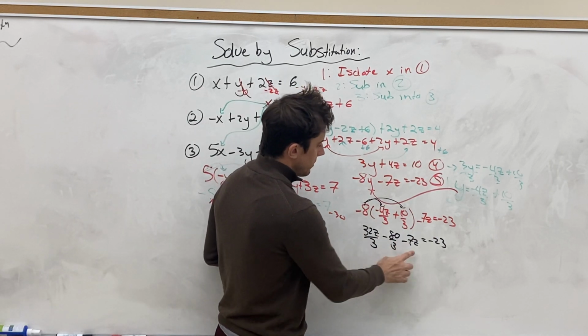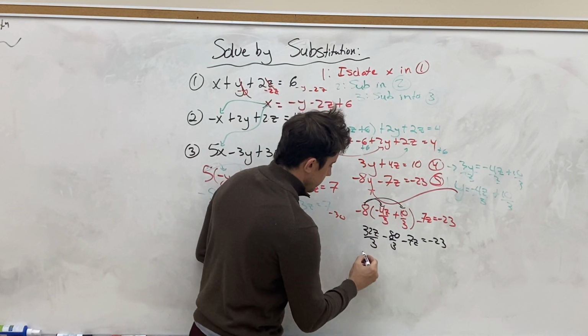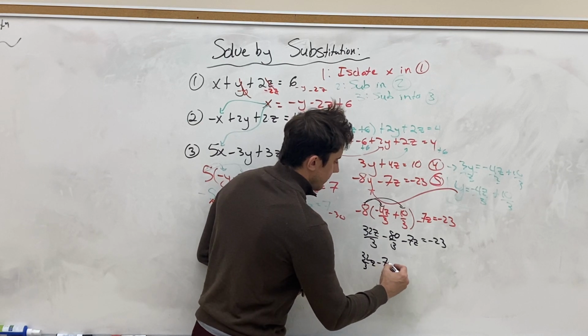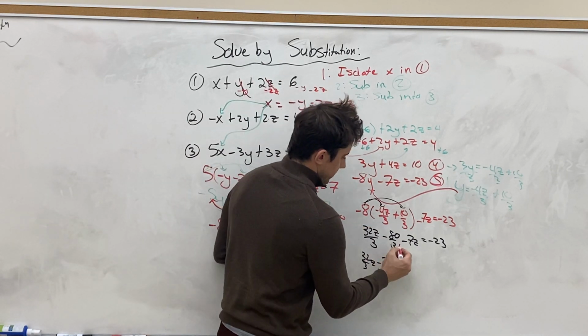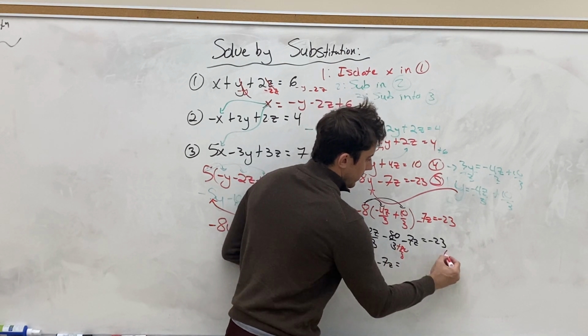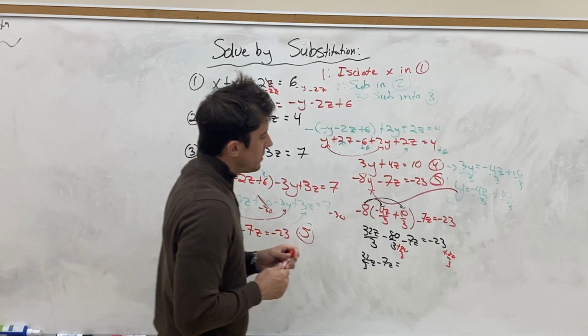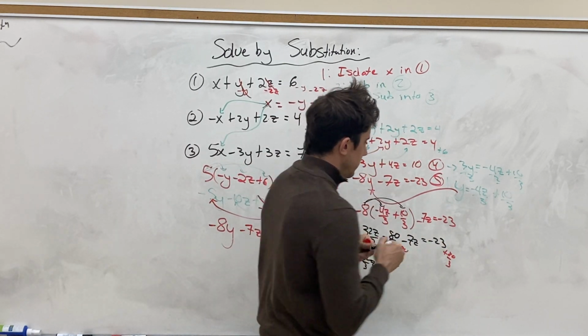32 over 3z minus 7z. So we'll do 32 over 3z minus 7z is equal to, let's add 80 over 3 on both sides. Negative 23 plus 80, I'll just make a side note here.